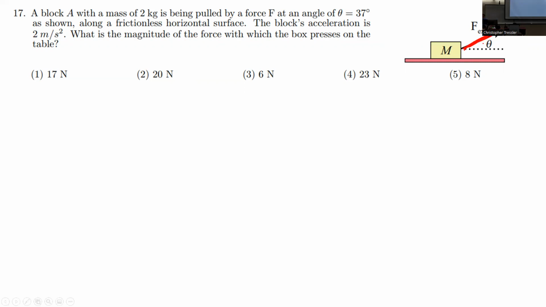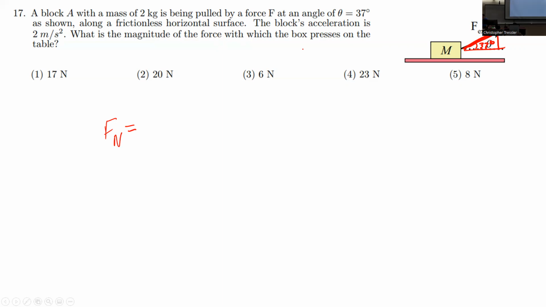All right. For this problem, we have a rope at 37 degrees. Then we notice we have an X and a Y component of this rope's force. So our normal force is going to be equal to, let's see, what are we looking for? The magnitude of the force which the box presses on the table.